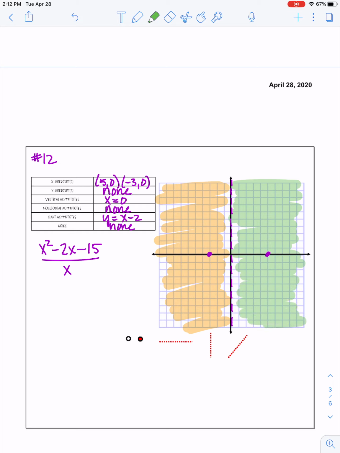Oh, I forgot my slant asymptote. My slant asymptote is the line y equals x minus 2. So I'm going to plot that. My y-intercept is negative 2. Oops, let me go back to my pen. So I have negative 2, and my slope is up 1 over 1. My line, which is probably not going to be too straight, is going to look something like this.